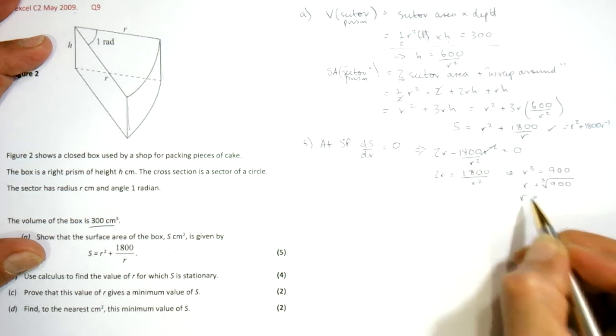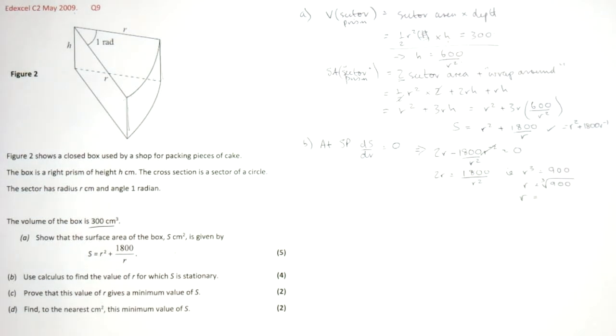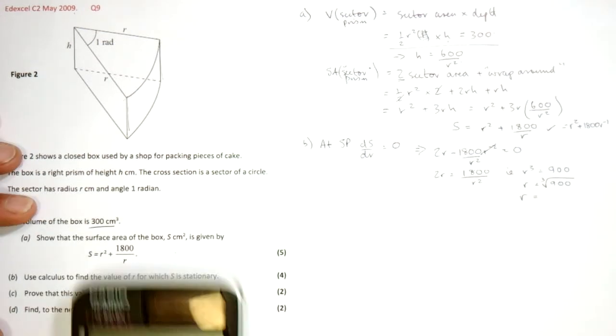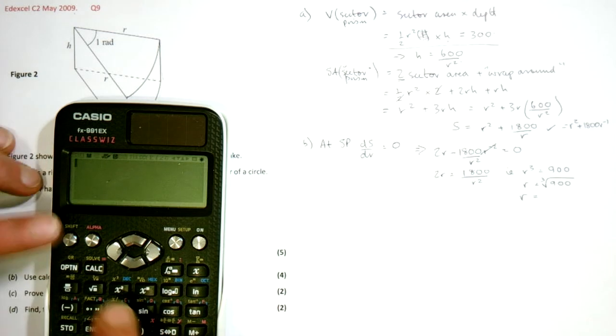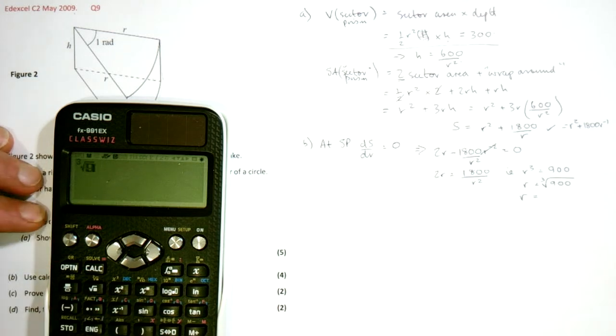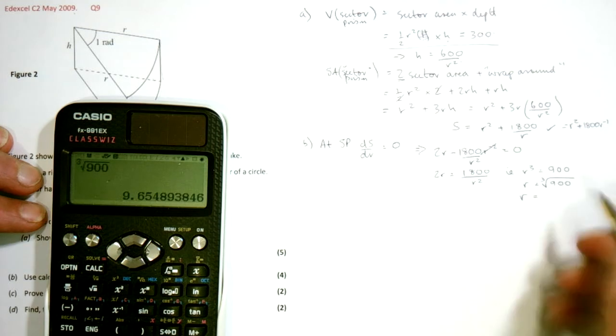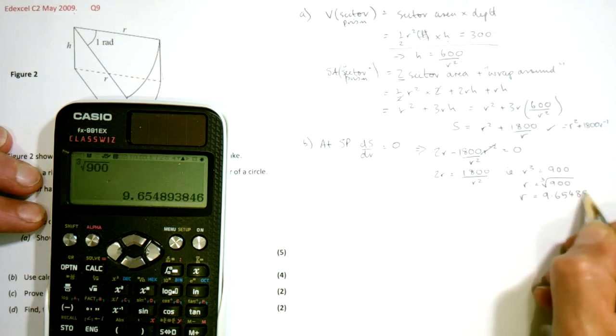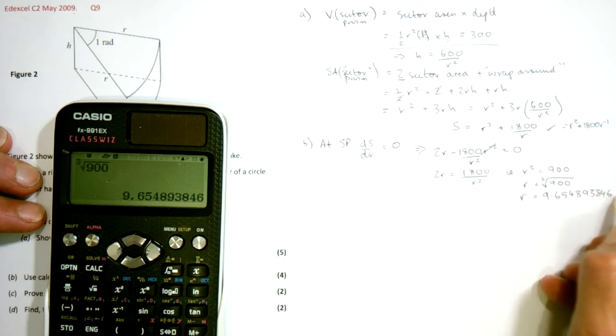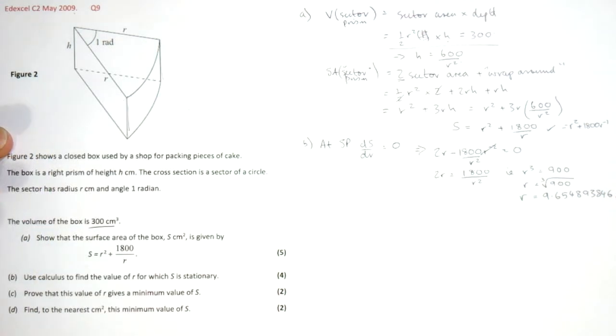On the calculator, cube root 900 equals 9.654893846, and so on. And that's in centimetres.